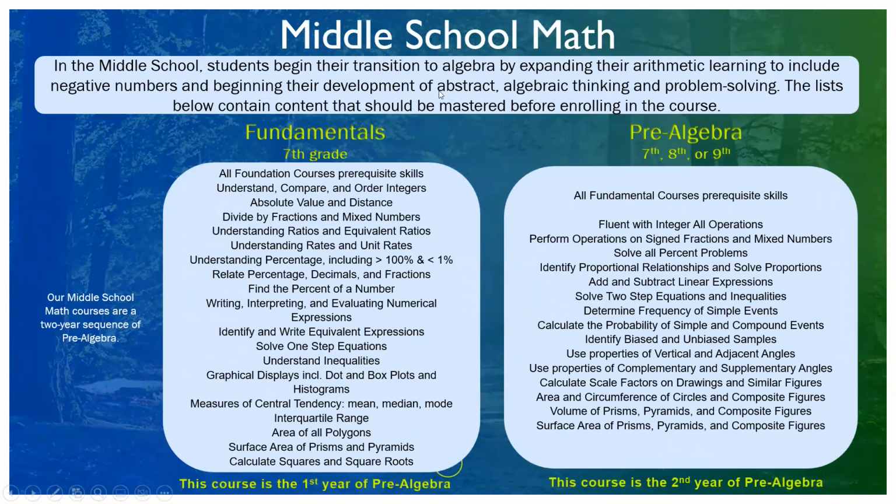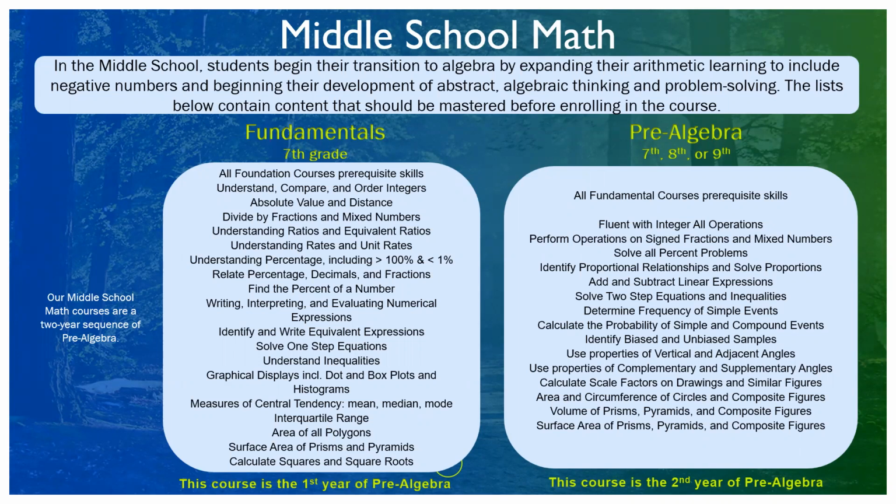Our next level is middle school math. In middle school math, this is where students are transitioning from arithmetic to algebra. And so we have a 2-year pre-algebra sequence. That is the traditional pace for pre-algebra. In that first year, students really hone in and improve their arithmetic skills, but they also begin to venture into algebra slightly.